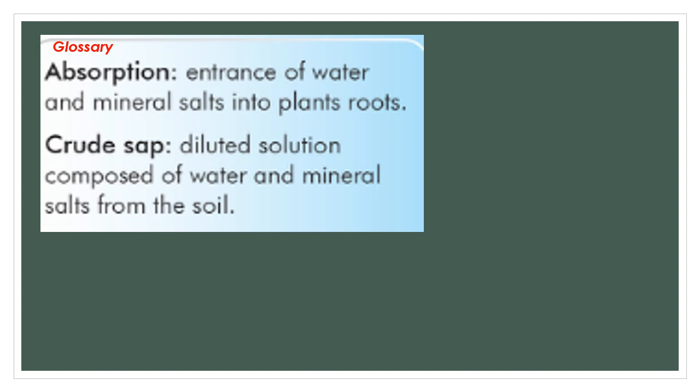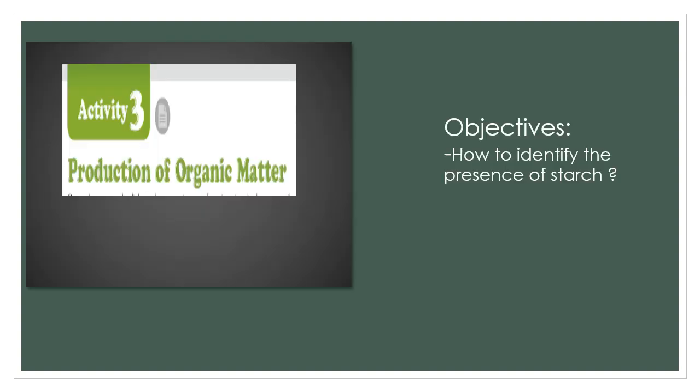So, absorption is the entrance of water and mineral salts into plants' roots. The root sap is a diluted solution composed of water and mineral salts from the soil.